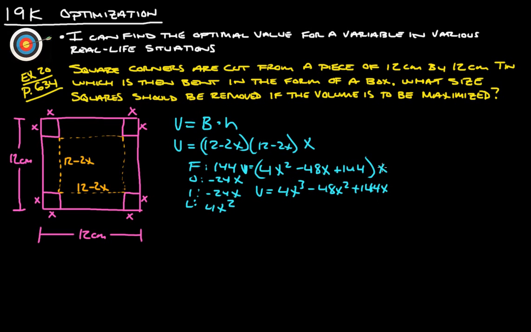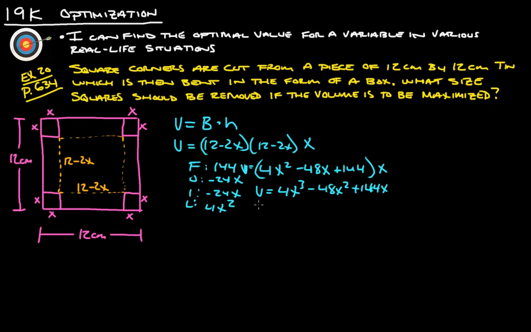All right. So what we're going to want to do now is take the derivative of this thing here, because again we've got this cubic function here, and we're trying to figure out when we can maximize the volume.